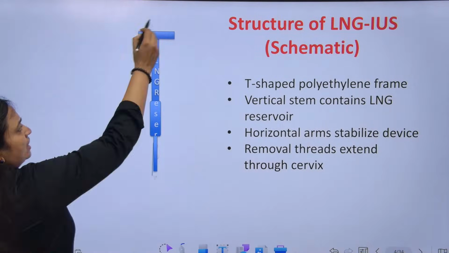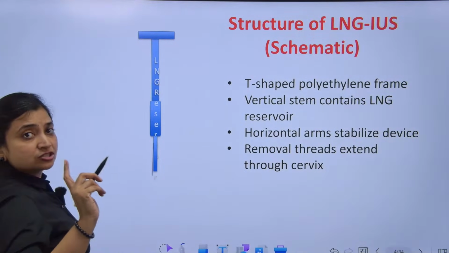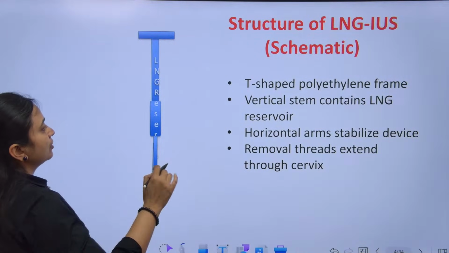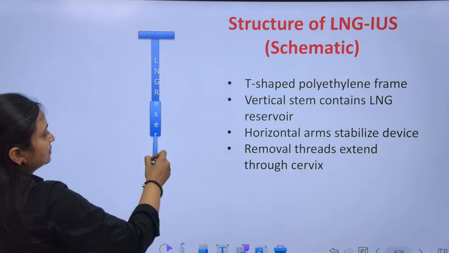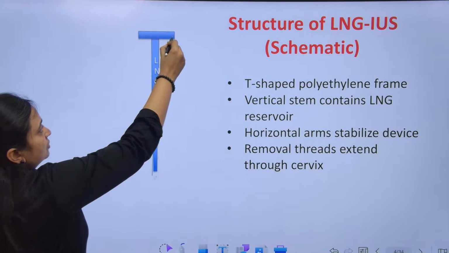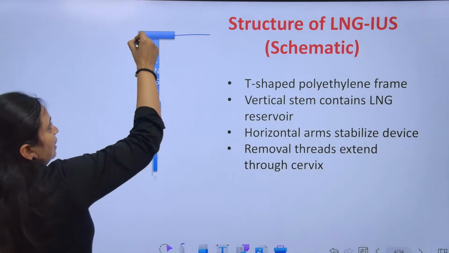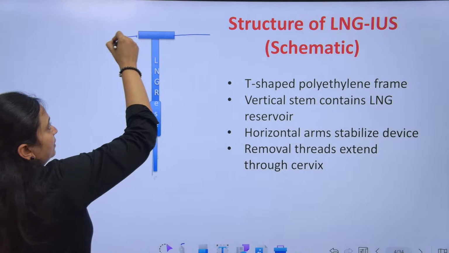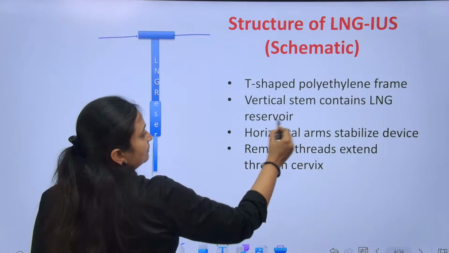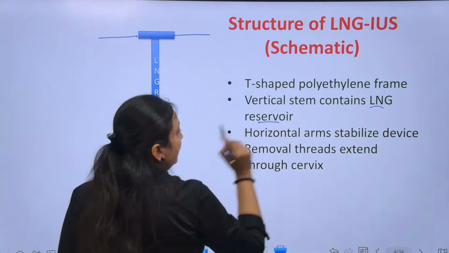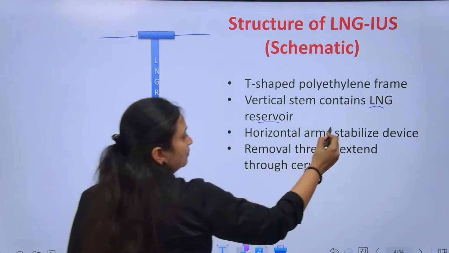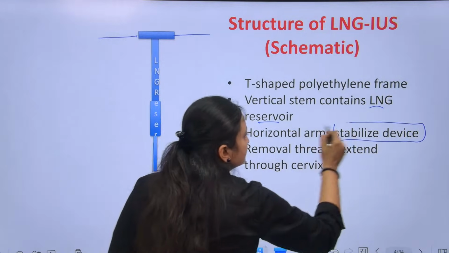This is a general picture. A Mirena does not look exactly like this, but just for your understanding, there is a central reservoir and there are horizontal arms, making it T-shaped. The vertical stem contains the LNG reservoir and the horizontal arms are made to stabilize the device.